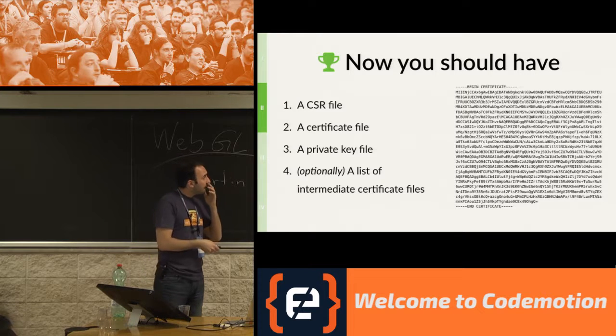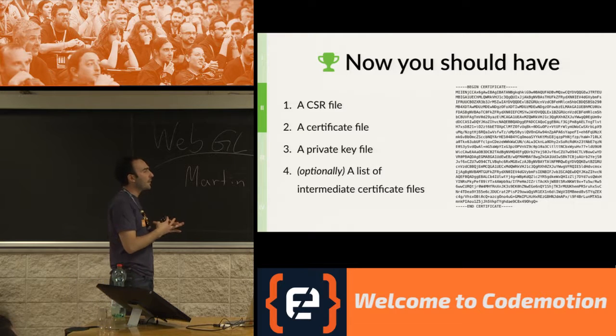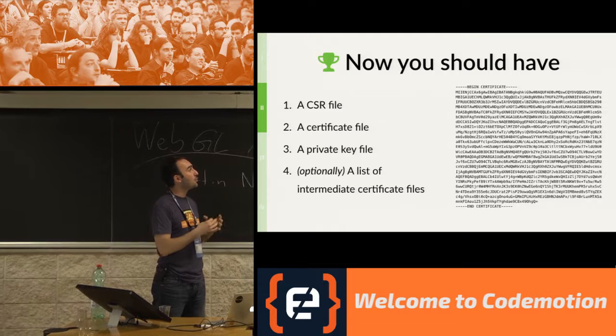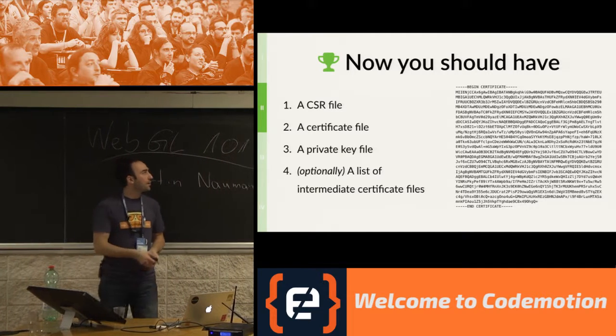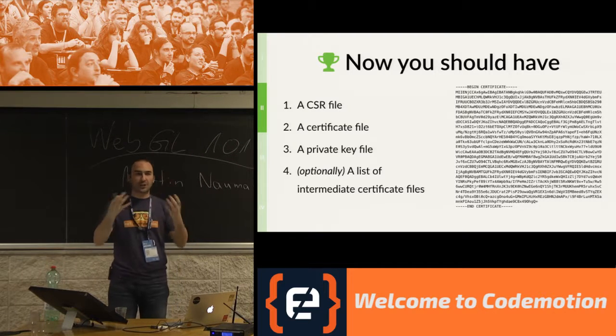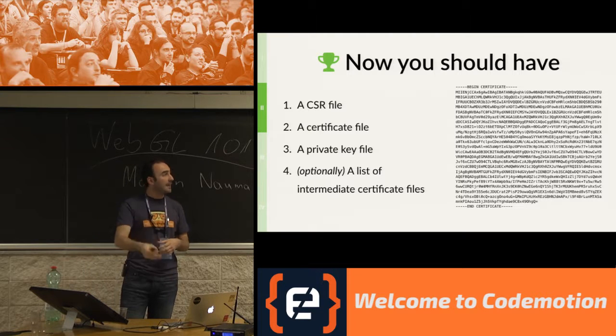I'm going to skip through that. So to quickly recap, at the end of the signing process, what you will have is a CSR file, which is your order. You will have a certificate, which is the shell of all the connection information, the domain, and so on.